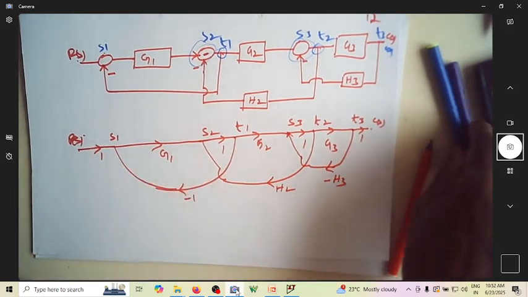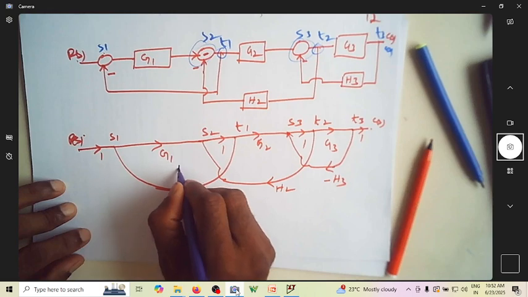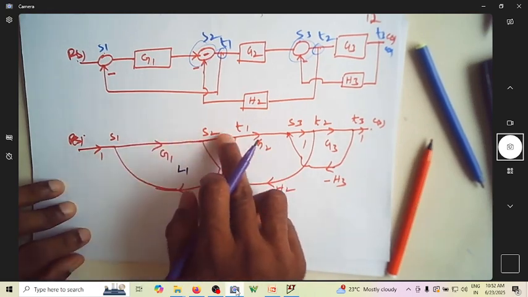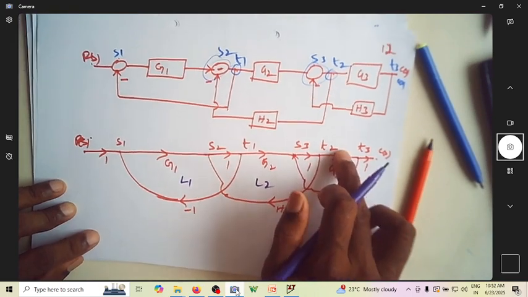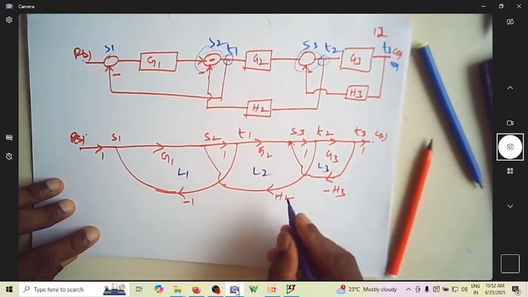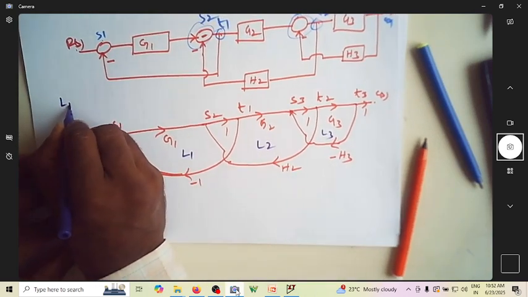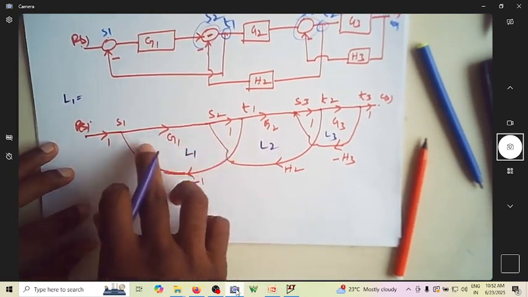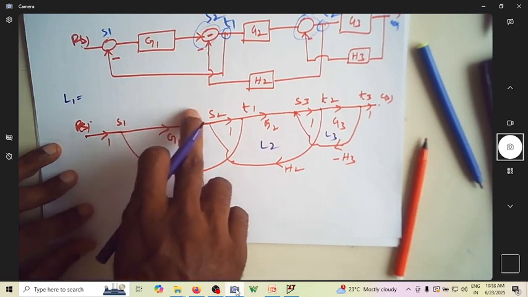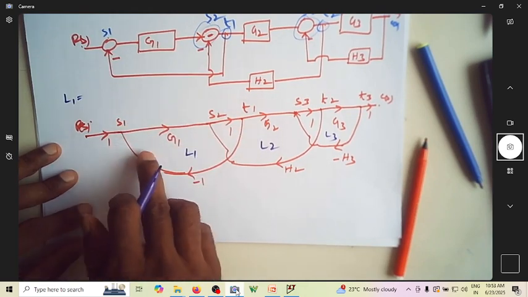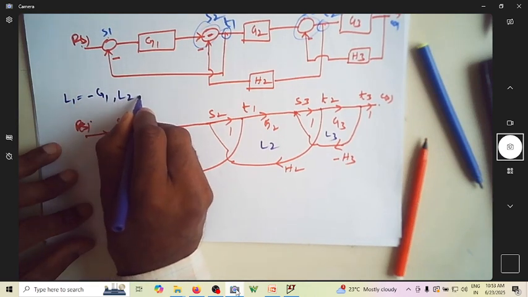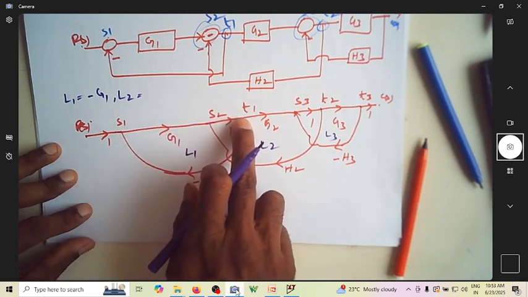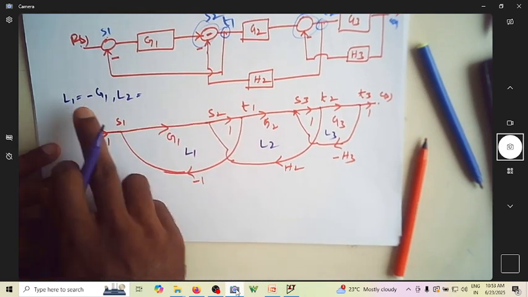So this is so easy. Now, do you have a loop L1, this loop? Do you have this loop L2? Do you have this loop L3? Can I write what L1, L2 are? By this time you already know what a loop is. A loop is one which has a closed path. So L1 is G1 into 1 into minus 1, that is minus G1.